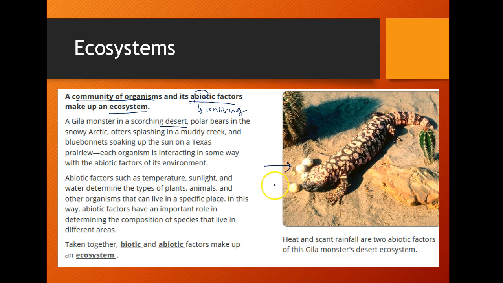Some of the living things you can see here would be the cacti and the Gila monster itself, whereas the non-living things would be things like heat and scant rainfall, the fact that it doesn't rain very much. Those are also components of the Gila monster's ecosystem. So again, together, abiotic plus biotic make up an ecosystem.